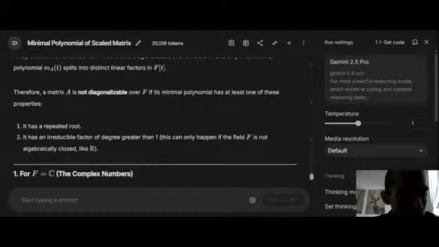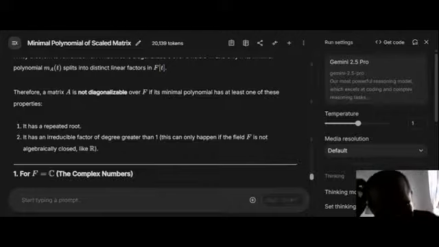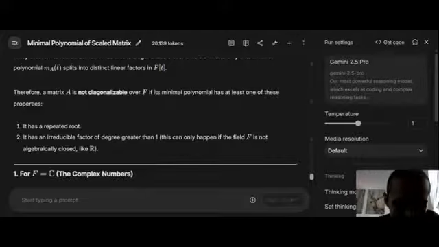Wait, a matrix with a characteristic polynomial like this, where 2 to the power of 2, won't be diagonalizable. Oh, no, minimal polynomial.